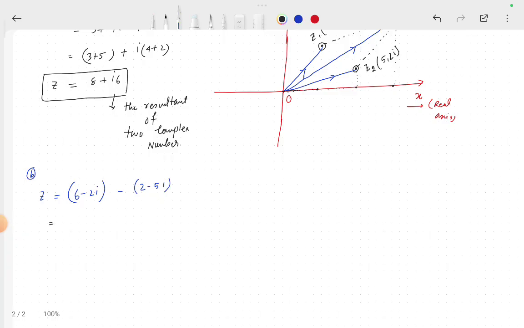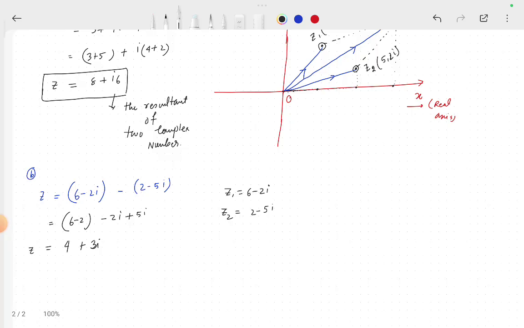Here Z1 is 6 minus 2i and Z2 is 2 minus 5i. Now we are subtracting these two complex numbers. So what do we get? 6 minus 2, minus 2i plus 5i, that equals 4 plus 3i.